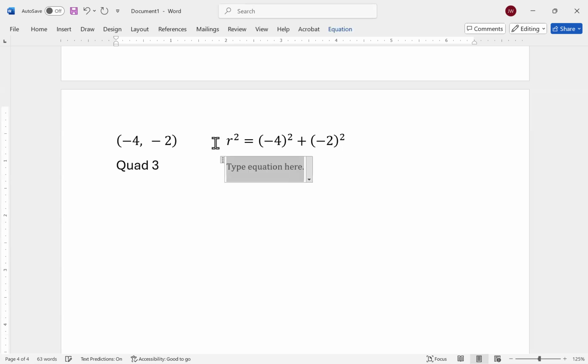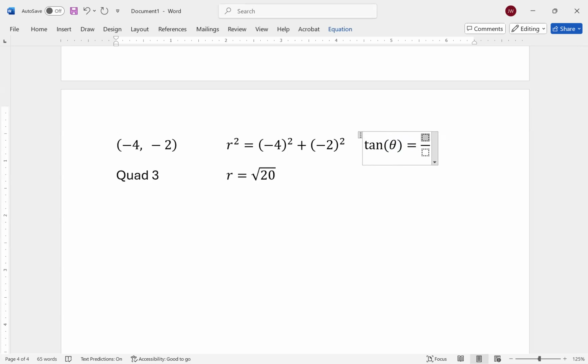When I solve that, R is going to be equal to the square root of 20. And then tangent of theta is going to be equal to, well, y over x in this case is -2 over -4. Notice that's the exact same thing as +2 over +4.